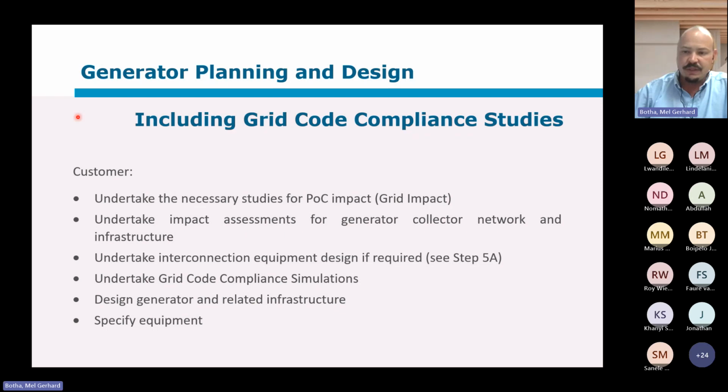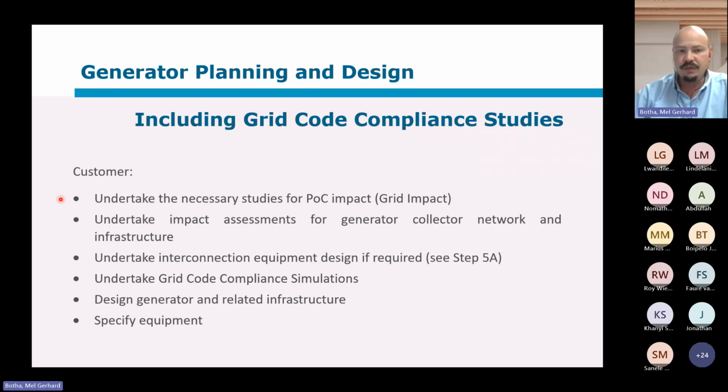Also note, as we've discussed before, this would include the grid code compliance aspects, because the generator especially has to design for grid code compliance. They cannot just put a generation plant together and at the end come and say, oops, I didn't meet the grid code compliance requirements.